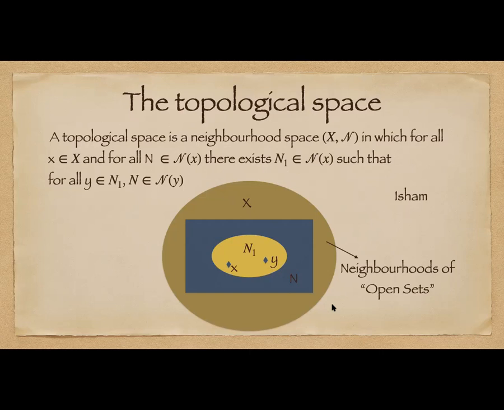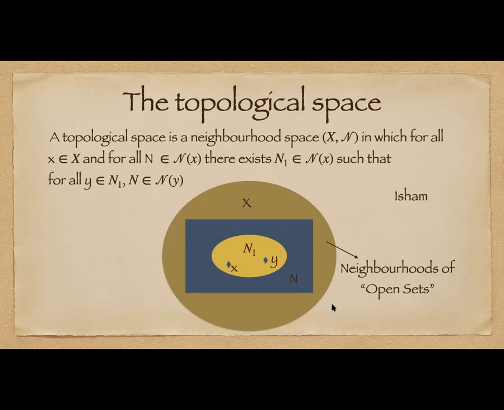The topological space is more than a neighborhood space in the sense that a topological space is a neighborhood space (X, N), where X is the set and N is the set of all neighborhoods for all its elements x, in which for all x in X and for all N in the neighborhood of x, there exists one N1 in Nx such that for all y in N1, N is also in the neighborhood of y.